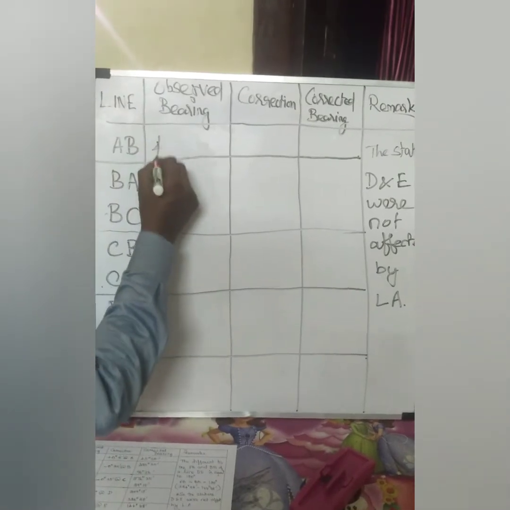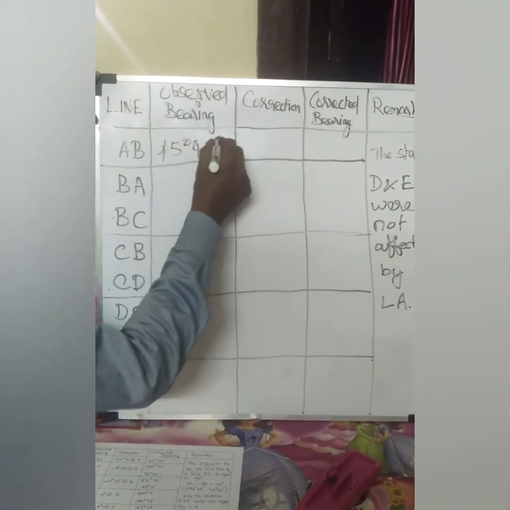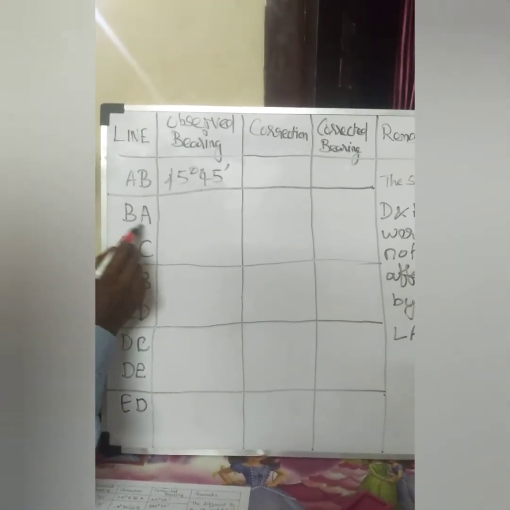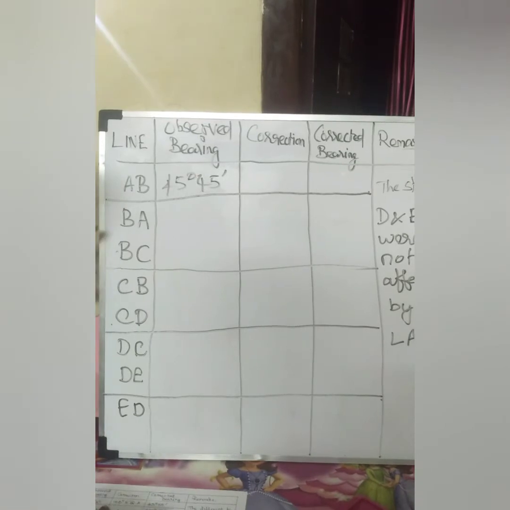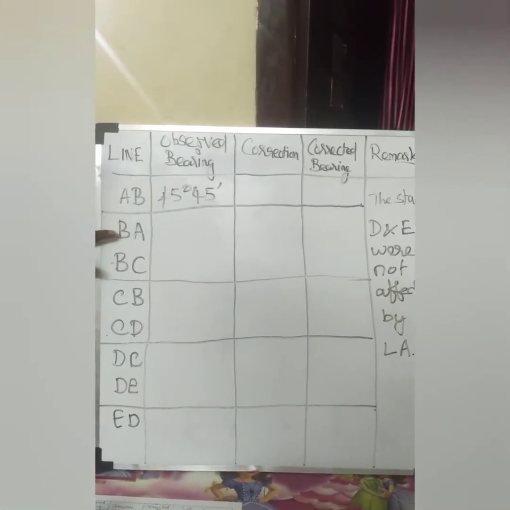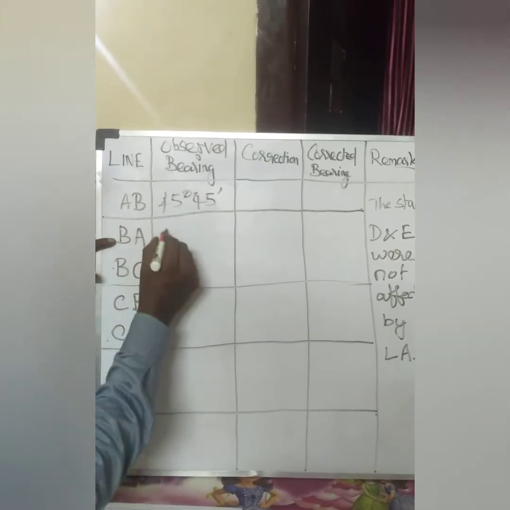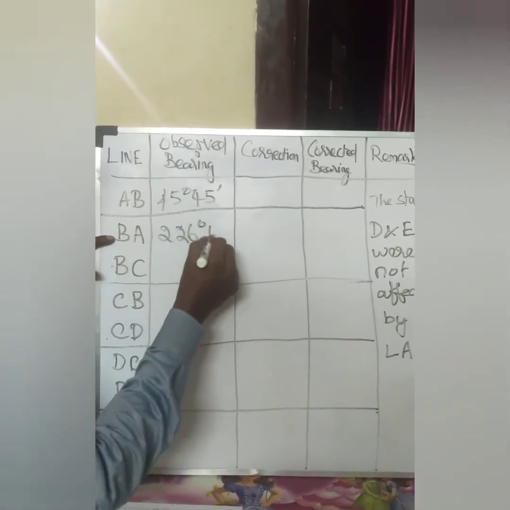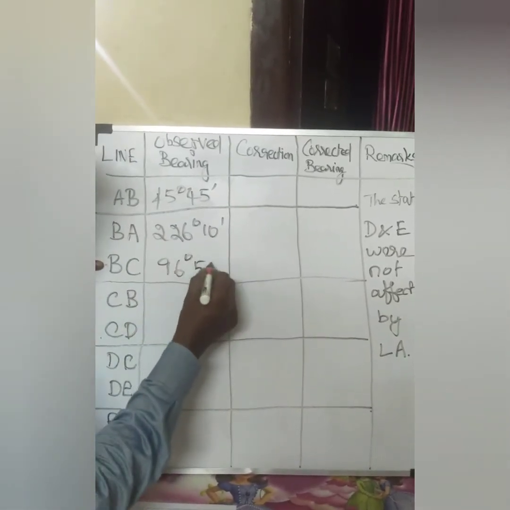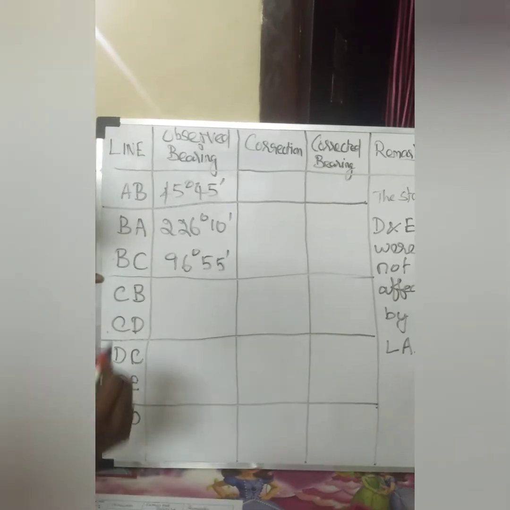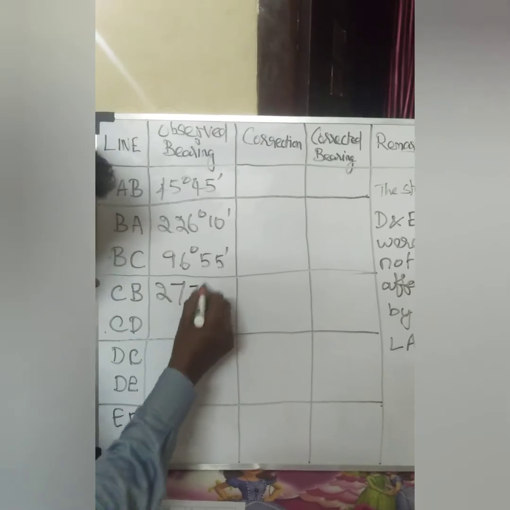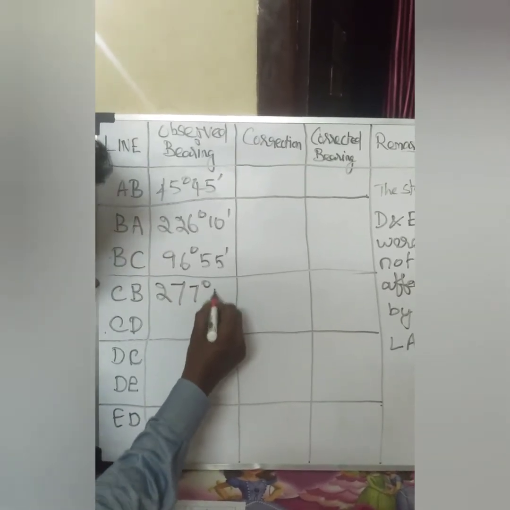Forebearing of AB is 45 degree 45 minutes. No line BA was given like that, but indirectly the back bearing of AB is the bearing of BA, which is 226 degree 10 minutes. Next BC, forebearing of BC is 96 degree 55 minutes. Next CB, back bearing of BC is 277 degree 10 minutes.